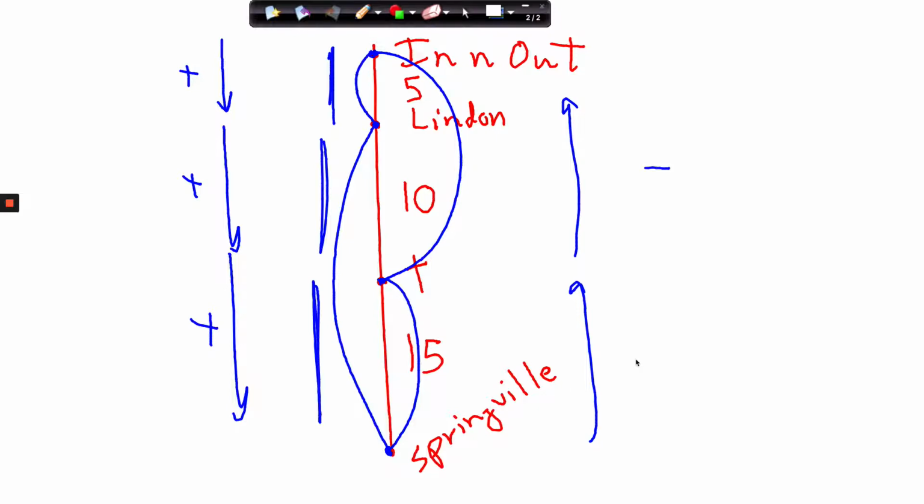And then guys, if we do the math, what we find out is that this first trip from In-N-Out would be a positive 25 miles. And then when she drives back up to church, that would be a negative 15 miles. Then when she drives up to In-N-Out, that would be a negative 15 miles. And then when she comes home, that's a positive 5 miles. And we find out that that adds up to 0.